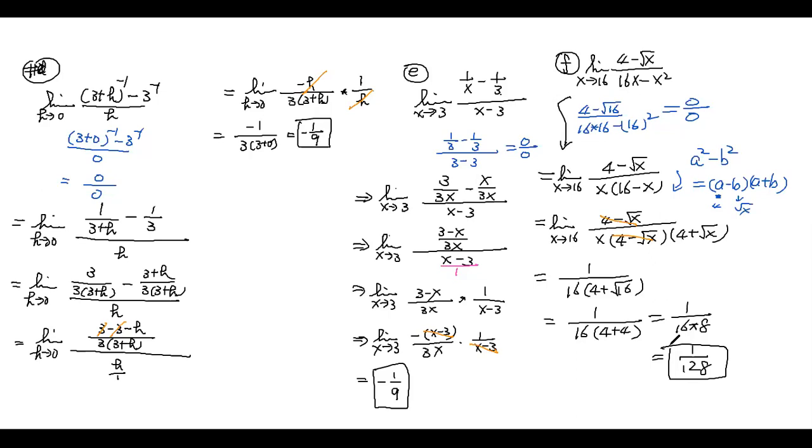Sometimes before you factor, you might need to do a little bit of algebra to combine, like the problems D and E, right? So you need to use algebra to do the combination, and later you'll be able to factor that out. So that's the first technique.